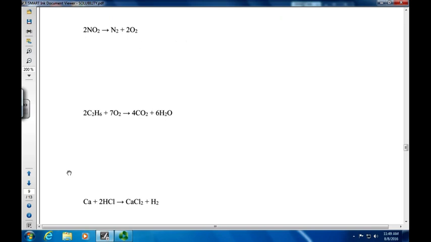We know that our oxidation states for our naturally occurring compounds are going to be 0. And it also makes sense, because diatomic oxygen has no charge on it, so its oxidation states have to equal 0.